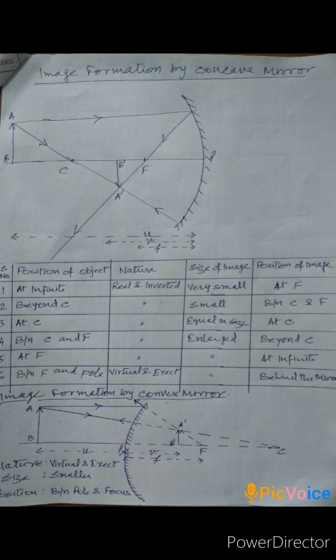In all these cases, the nature of the image is real and inverted, except the case when the object is placed between focus and pole.